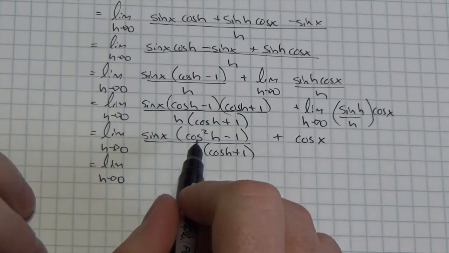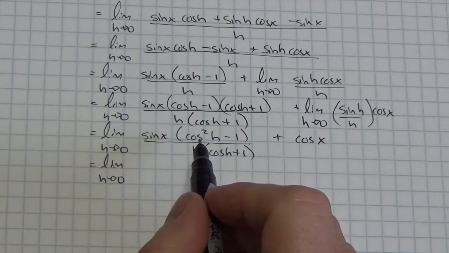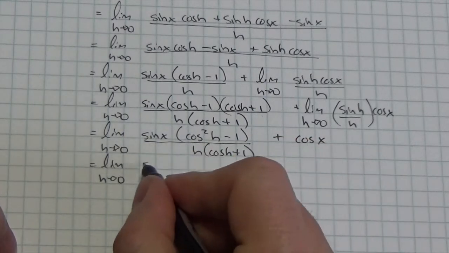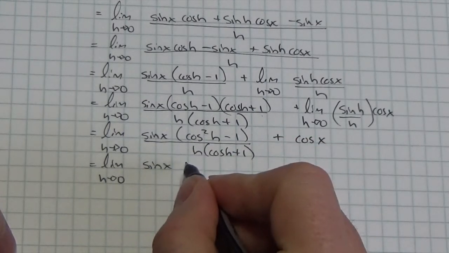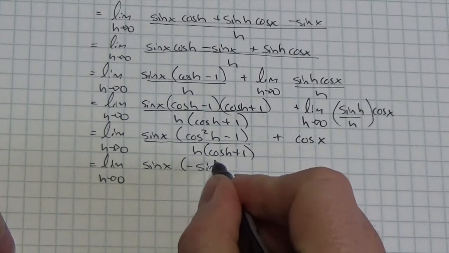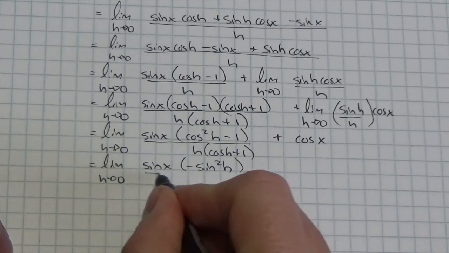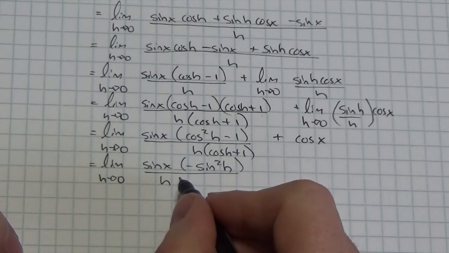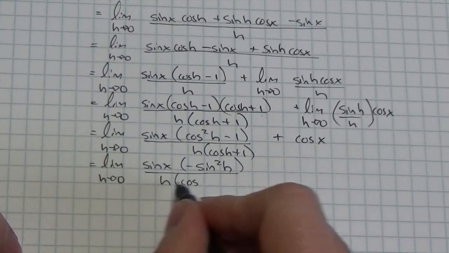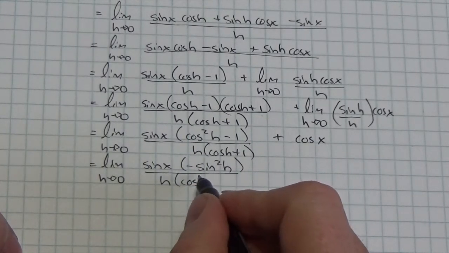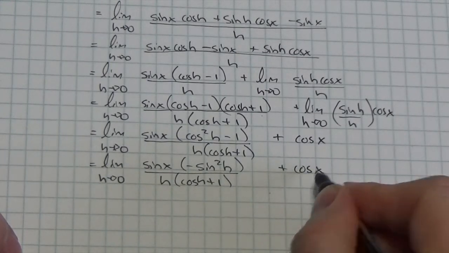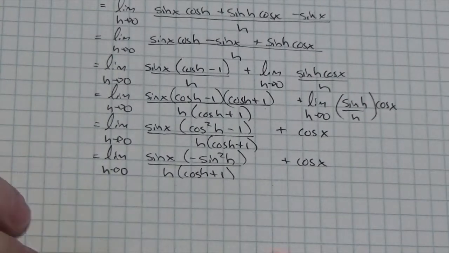But I know, again from a previous course, that the cosine squared of h minus 1 is going to equal the negative sine squared of h. This is going to be all over h multiplied by the cosine of h plus 1, and then I've still got this plus cosine of x back there.